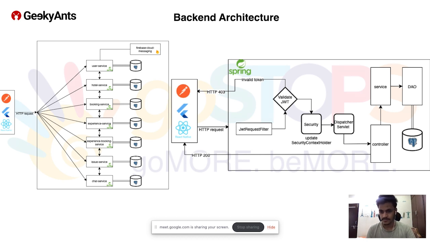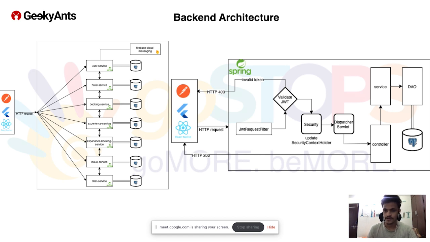The right diagram is about the architecture for a particular service, in which the control first goes through the JWT request filter, and from there we validate our JWT token. If it's valid, we update the security context holder. By updating the security context holder, Spring Boot will know that the user is authenticated, and from there the request goes to the dispatcher servlet, which is responsible for delegating the incoming web request to the appropriate controller method.